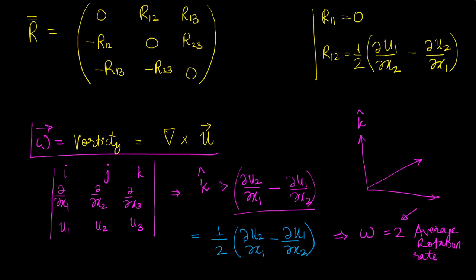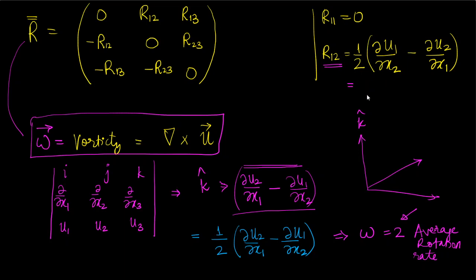So obviously there is some relationship between vorticity and the tensor R, because R12, if you look, is equal to minus of twice the vorticity, because the vorticity is equal to this term, rather it is minus half the vorticity.